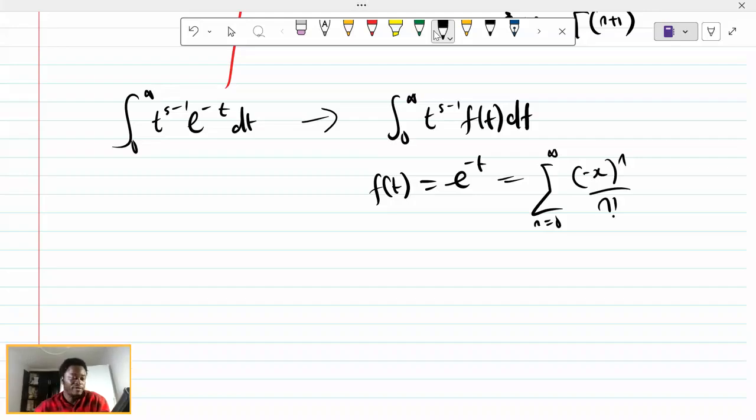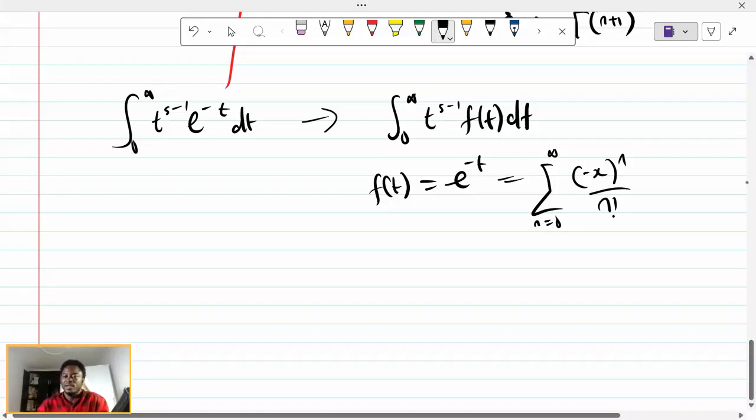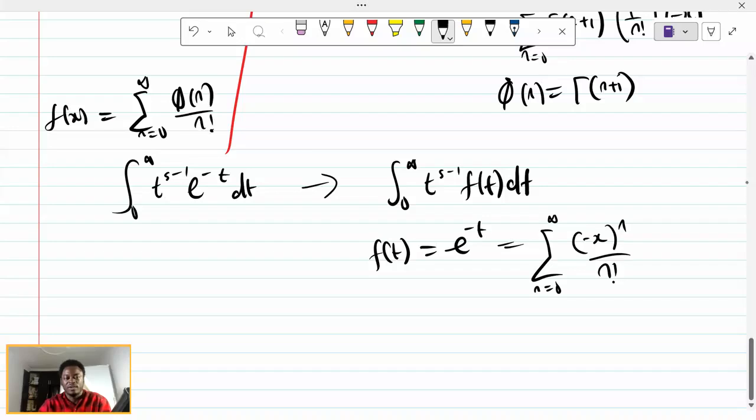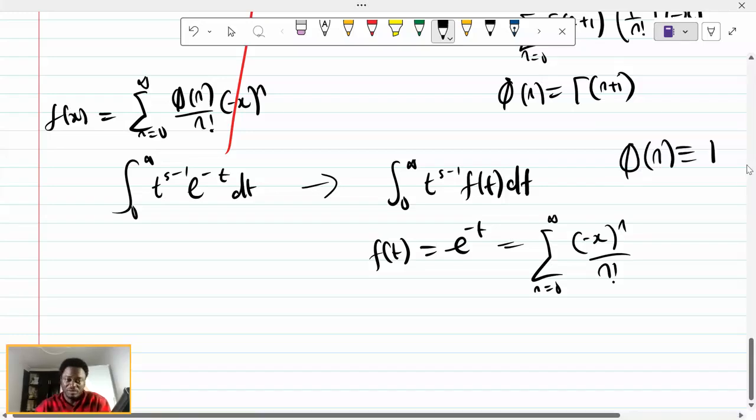This is a well-known result. Everybody should know this. So now let's compare it with the form we know from the Ramanujan master theorem, which says f of x should be put in the form of the sum as n runs from 0 to infinity of phi of n over n factorial, then you have negative x to the n. So, if you can observe, in this case, phi of n would basically be 1.